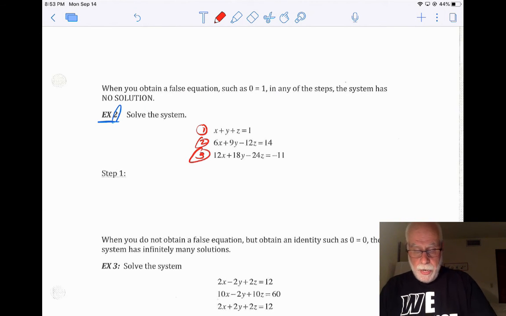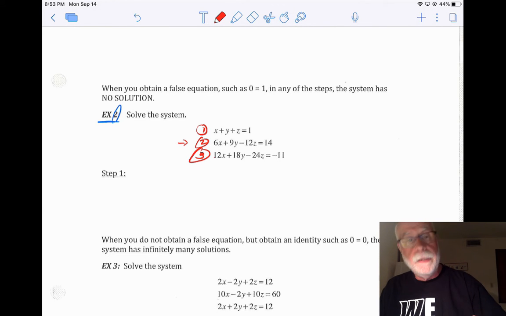All right. And now on this one, we've got to get rid of something. I'm going to notice that I have a 6x here, and I have a 12x here. So if I multiply the top one, number 2, by negative 2, that would give me a negative 12x.